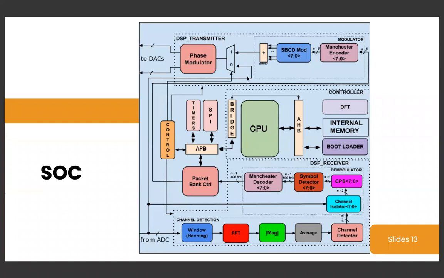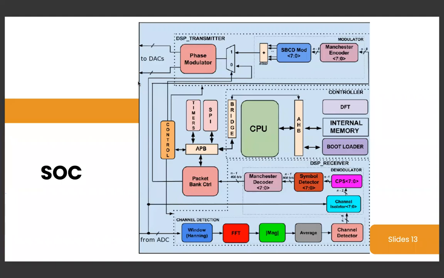And other things are there. You have a DSP transmitter, for example, if you want to process the audio and other things, you make use of the DSP transmitter and receivers. And there will be things like analog to digital converters or digital to analog converters where you actually transmit the signal.